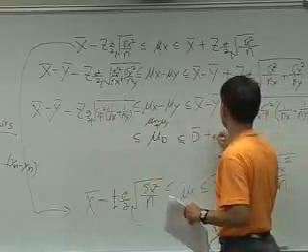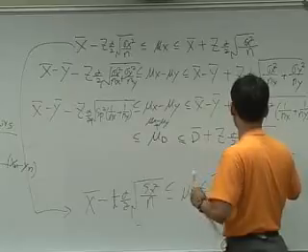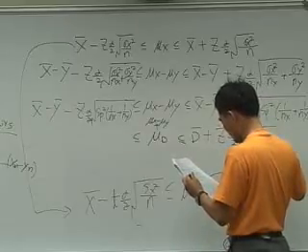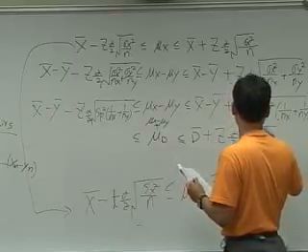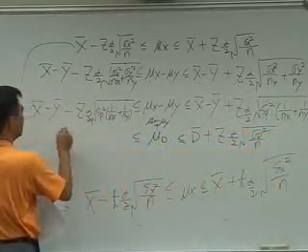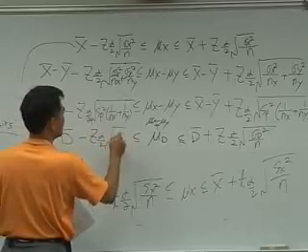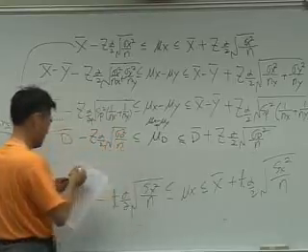Plus z alpha over 2, and suppose you know. And here you have d bar minus z alpha over 2 times sigma d square over n.